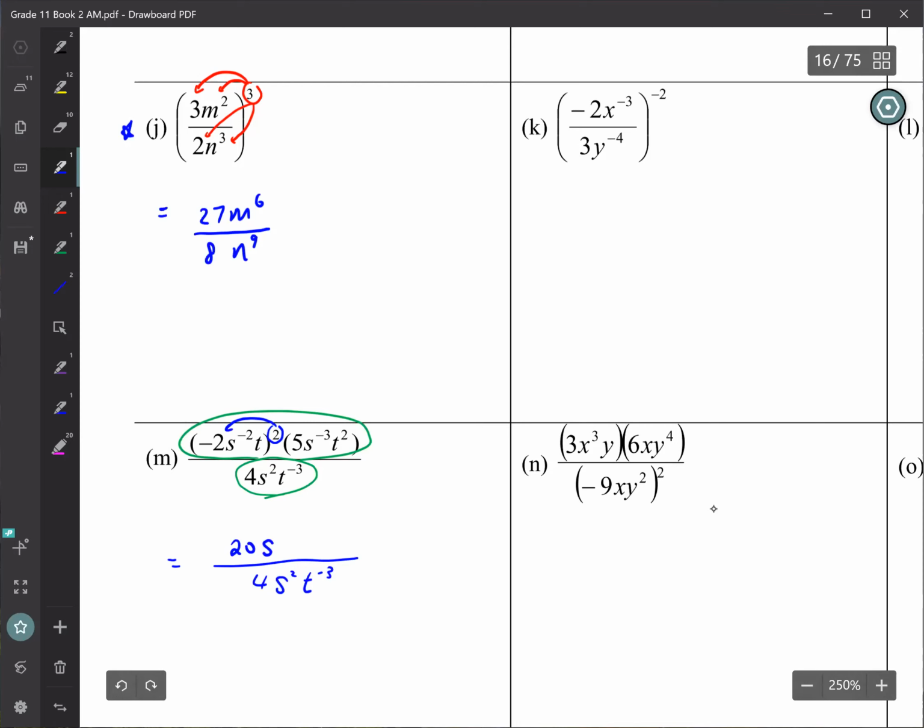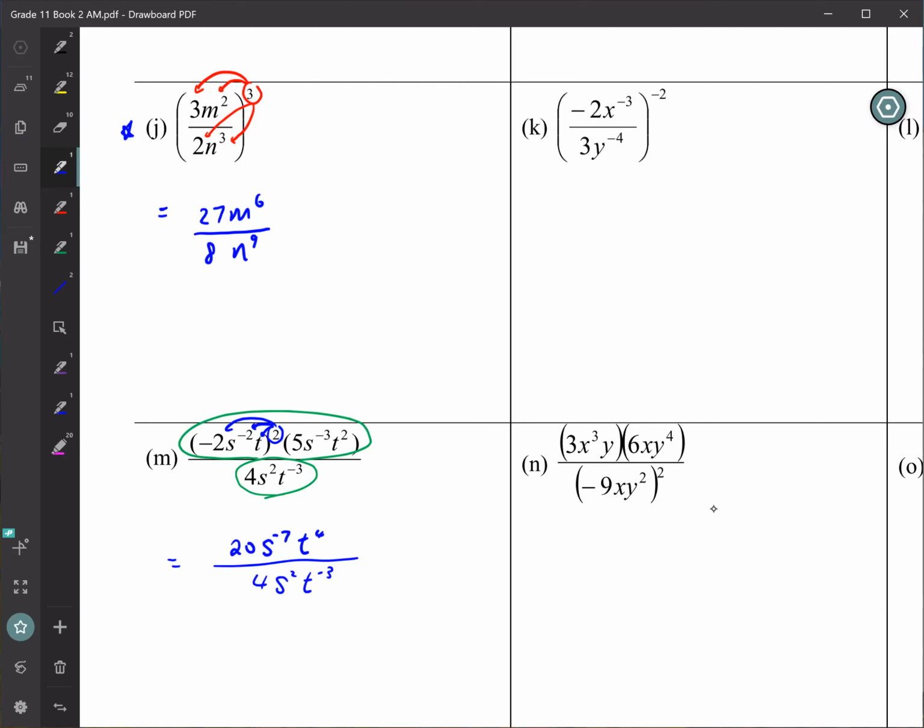So 20, and then s to the power of -7, and t to the power of 4. Very good. The square will share in first and then multiply together. So -4 plus -3 gives you -7, and 2 plus 2 gives you 4.